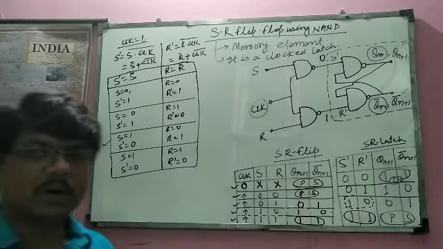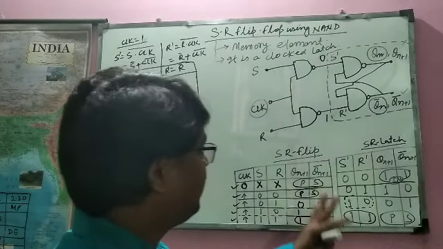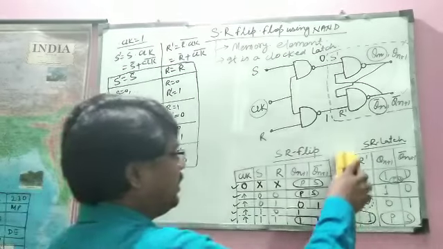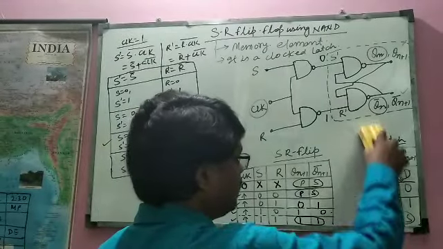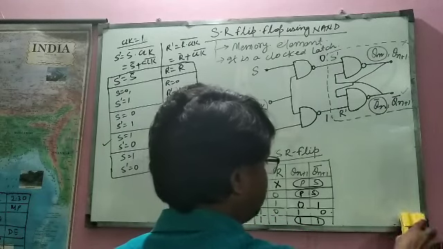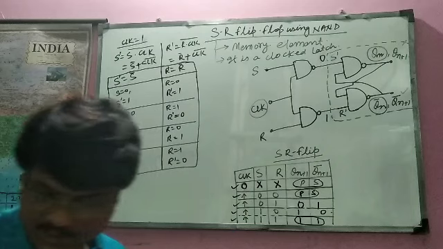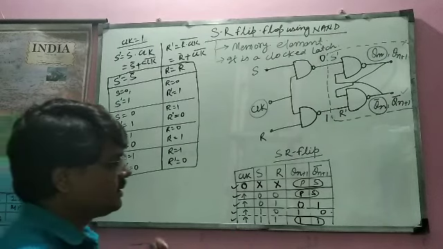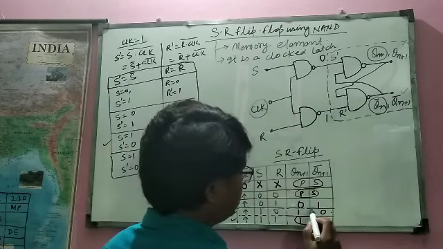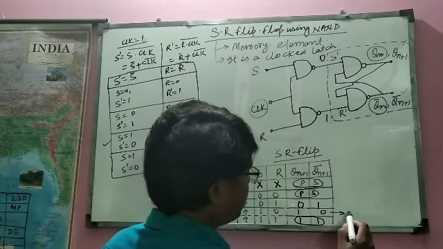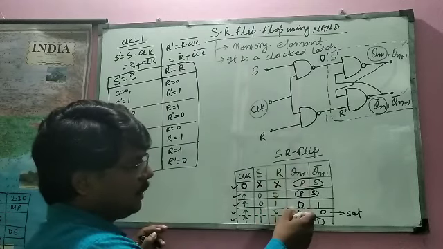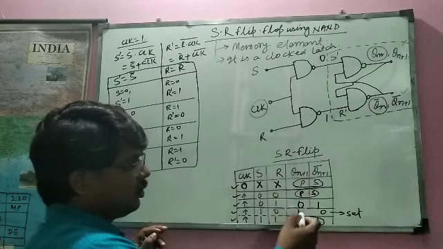I am just removing it because we have already drawn this truth table for the SR flip flop. This is the condition for set, because output Qn plus 1 is 1.